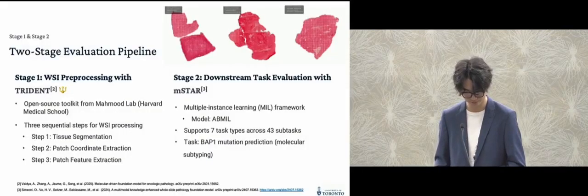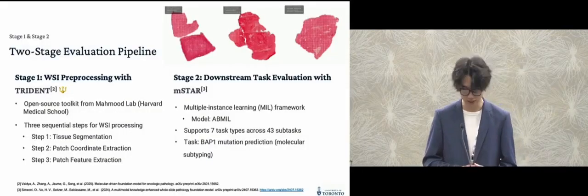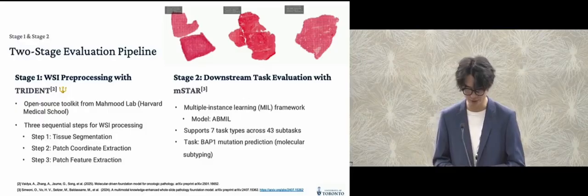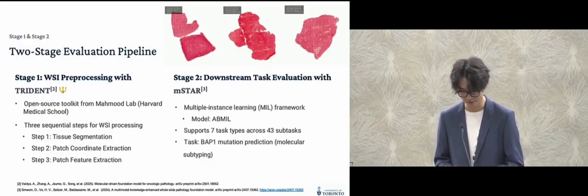To validate our approach, we have built a rigorous 2-stage pipeline. In stage 1, we used Trident from the Mahmood lab for WSI pre-processing, handling segmentation, patching, and also feature extraction.